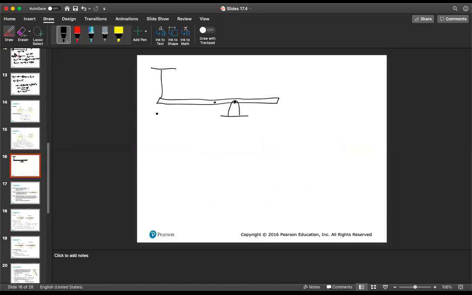We are told that this distance to the pivot is 0.6 and that this distance is 0.9, sorry, 0.3. Which would mean that the total distance is 0.9, which means the distance to the center is 0.45.